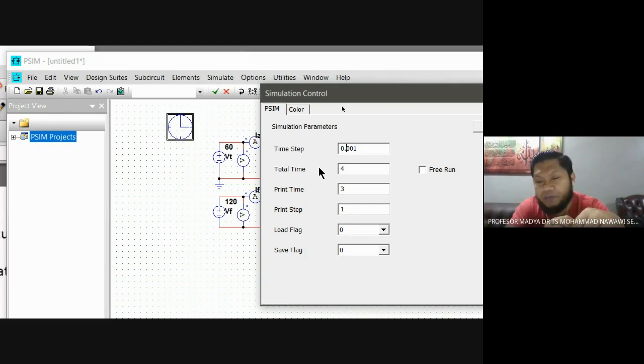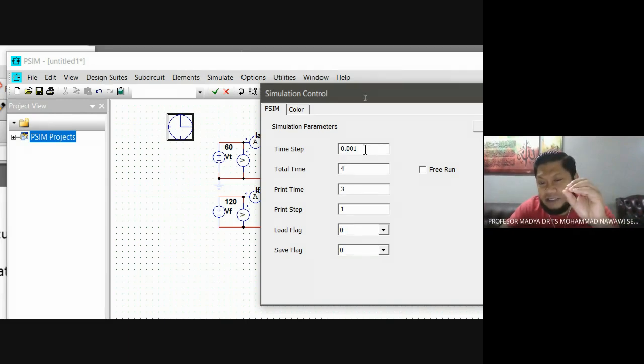It starts with 0, and then the next point will be 0.001 second. The next point will be that 0.001 plus 0.001. So this is known as the time step, how you change the t to solve for the differential equation of the circuit. So the time step determines how smooth.